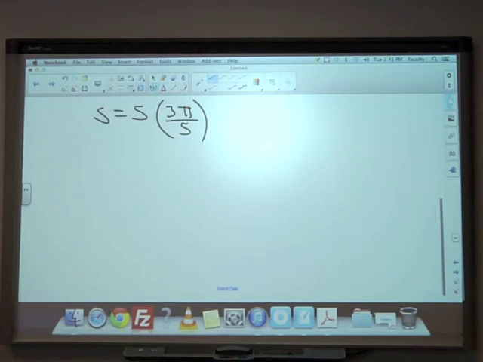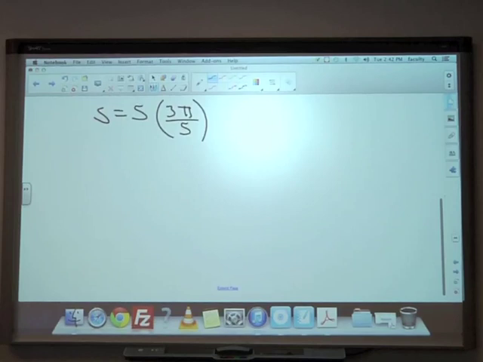You've got a pi key on your calculator. Theta is in radians, I gave you the angle in radians. The angle must be in radians. S is going to be in whatever measure the radius is.